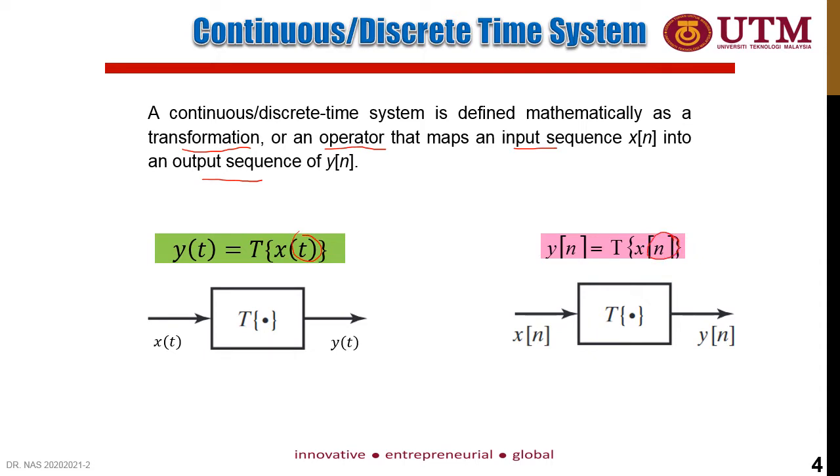If you have an input signal as x(t), the signal being transmitted into a system, so the signal being processed or transformed, the capital T represents the transformation. So then the output is generated. Same goes for the discrete time system.